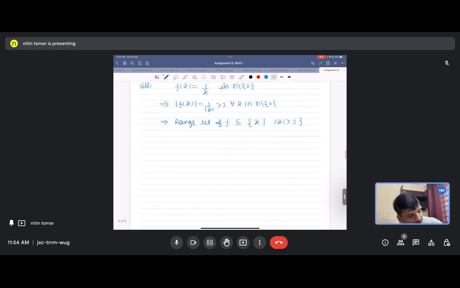So if this is my entire complex plane, and this is my open unit disk, okay, let me use some rubber. This is the boundary, I mean.